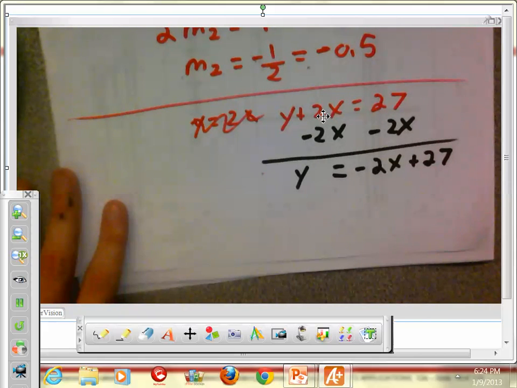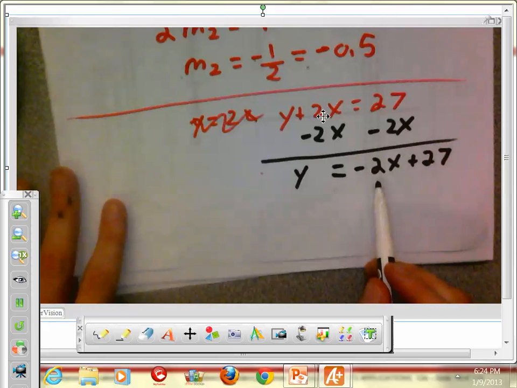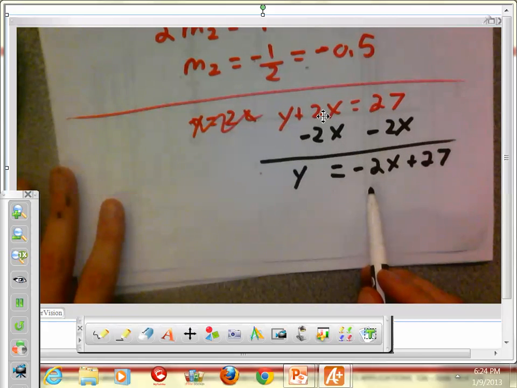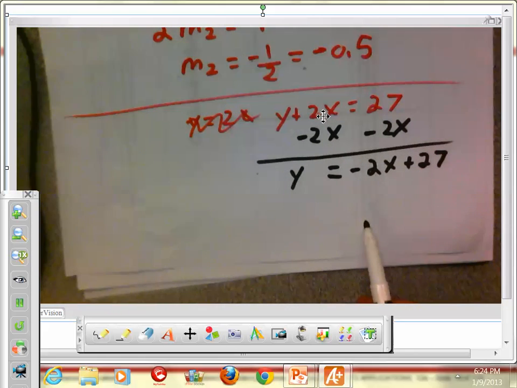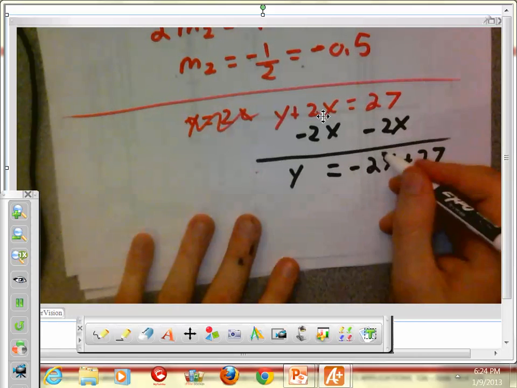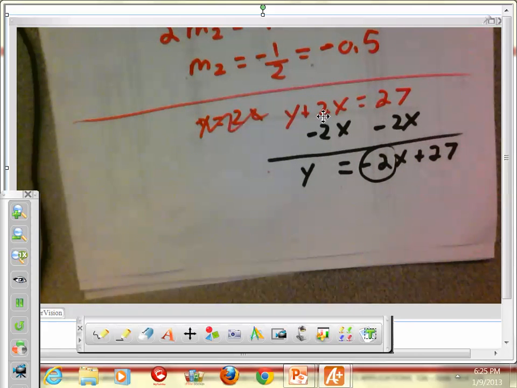So this slope tells me if I start at a point on the line, go forward 1 in the x direction, how many do I go down in the y direction? 2. The slope tells me if I go 1 forward in the x direction, if it's a positive number, this number right here is going to tell me how many units I changed in the y direction. If we're a positive 2, I would go over 1 up 2. Since it's a -2, I'm going to go over 1 down 2. Right? That's what that -2 tells me.